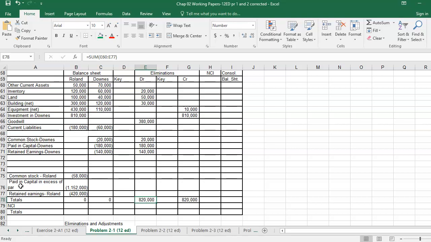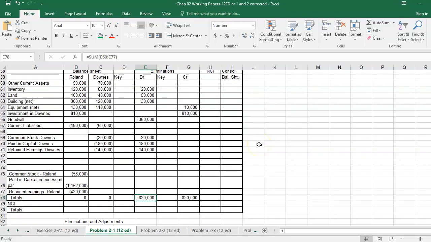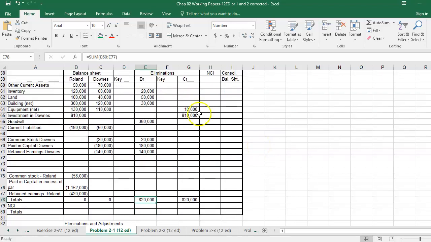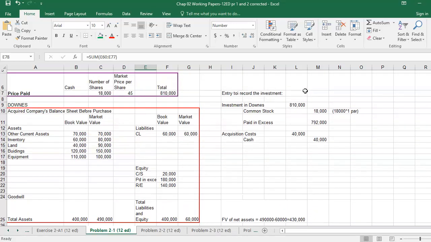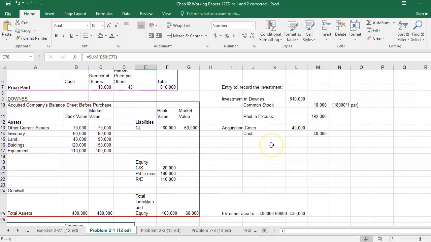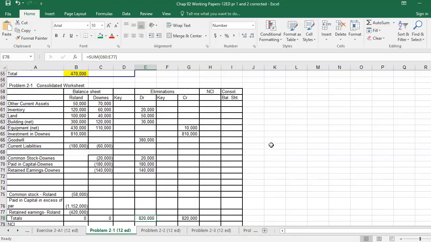Another thing I want to check. One other thing I want to do that we haven't really done yet that's not showing up here: we had these acquisition costs of 40, and that's not reflected down here anywhere yet.